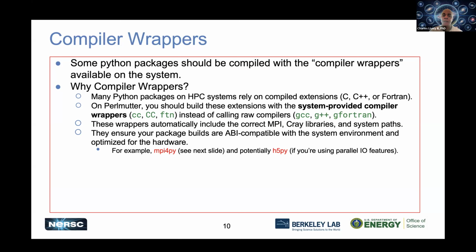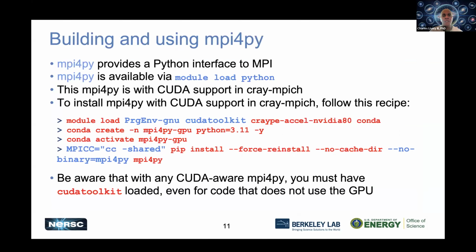So an example that we can have is making use of mpi4py. So mpi4py is a Python interface that provides MPI implementation. And so on Perlmutter, if you do module load python, that is automatically going to make mpi4py available for you to use. And that has CUDA support with Cray MPICH.